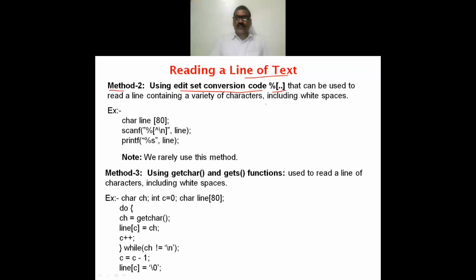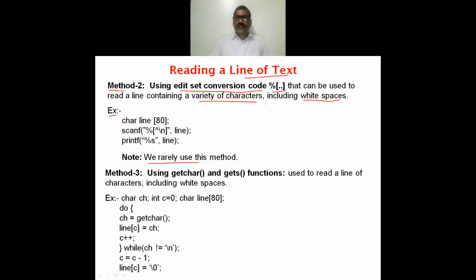So that can be used to read a line containing a variety of characters, including white space. For example, line is a character array of maximum size 80. Here scanf with %[^\n] and line will read the characters from the keyboard until a new line character is pressed. We rarely use this particular method.